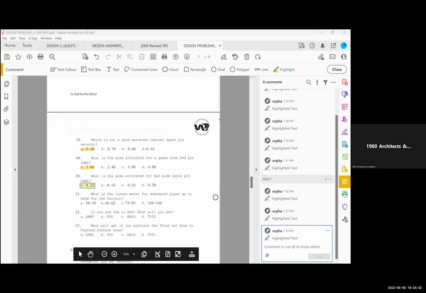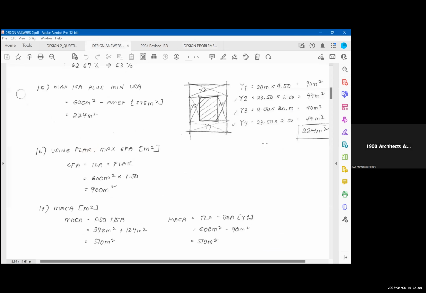Number 21, what is the linear meter for downspout pipes up to road right of way for the project? Naku, ito. Paano natin kukumpitin to? What is the linear meter daw for downspout pipes up to road right of way for the project? Actually, pinaputol namin to.